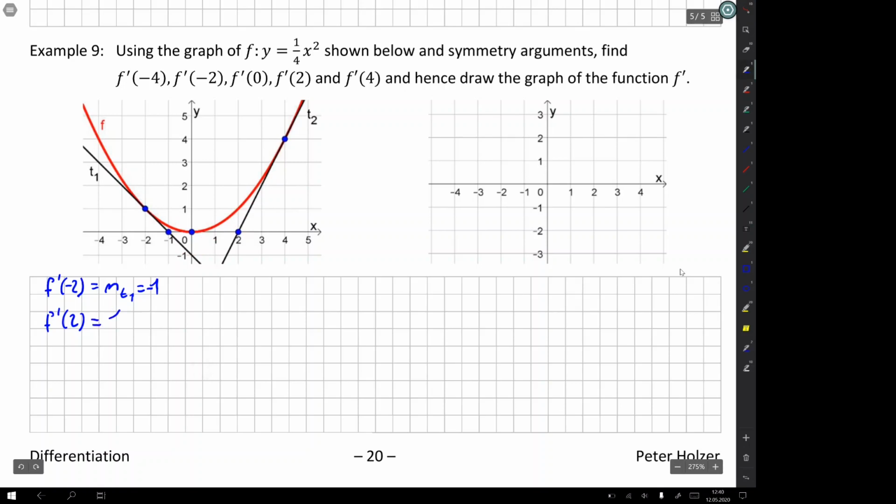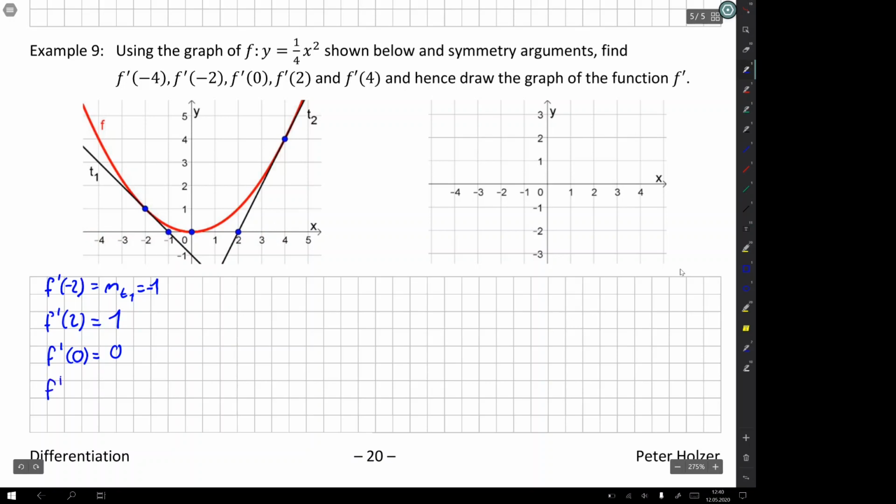Then the f dash of 0, so the gradient of the tangent in the point with x coordinate 0, it's this point here. Well, obviously the tangent here is just the x-axis, so the gradient of the x-axis is 0.